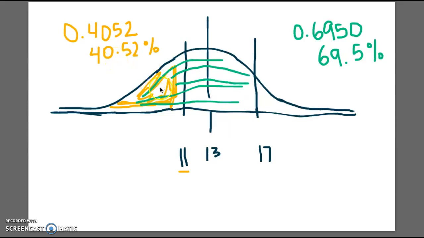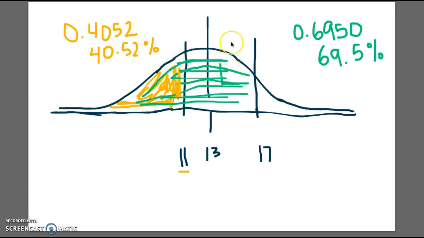That means 40.52% of data is less than 11. And over here, my z-score correlated to a decimal of 0.6950, which is 69.5%. So that means that 69.5% of my data is less than 17.